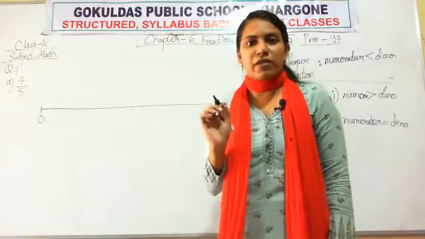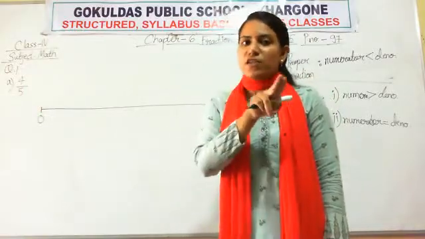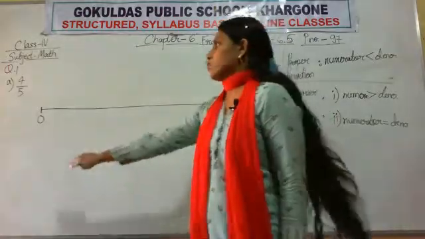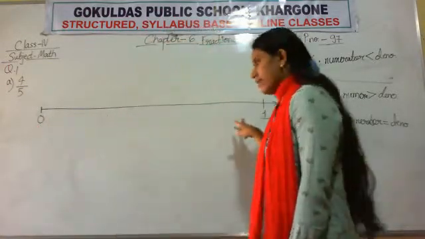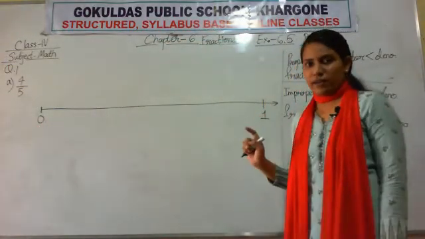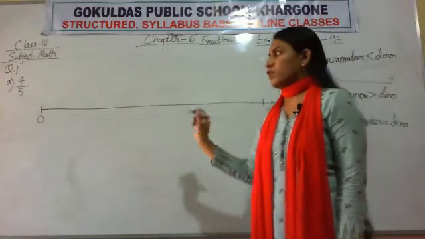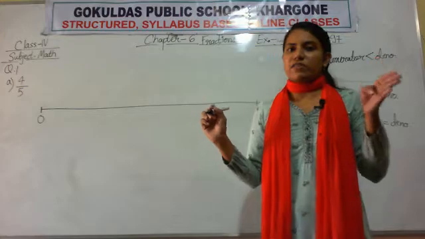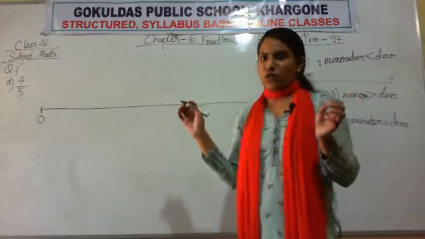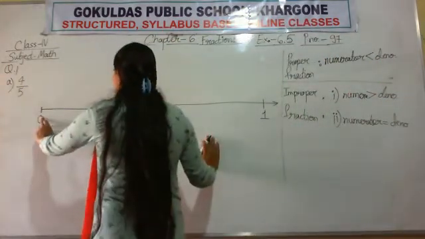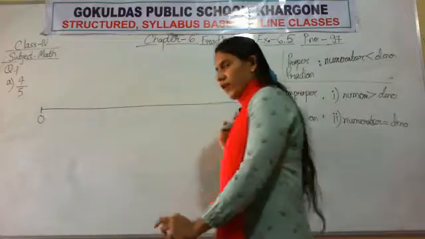Simply, we represent proper fractions between 0 and 1. So my first number is 0 and the last number is 1.